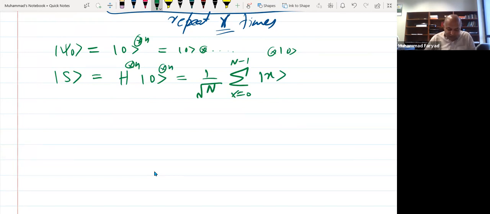So this is the state S right after passing through Hadamard.